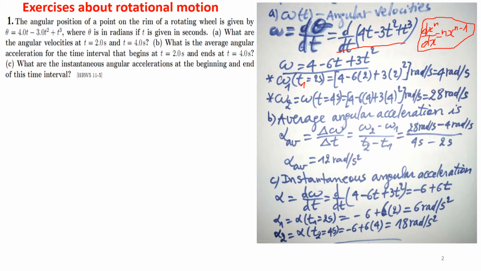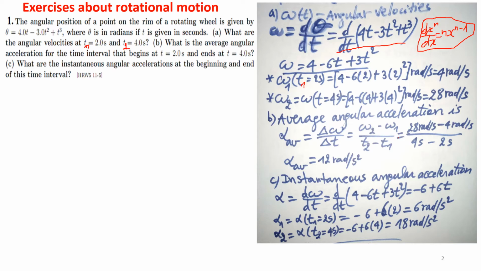This delta omega equals the final angular velocity minus the initial angular velocity, divided by final time minus initial time. Here it is said that the time changes from 2 seconds to 4 seconds. Then time t equals 2 seconds is time t1, the initial time, and the time t equals 4 seconds is the final time, or time t2.